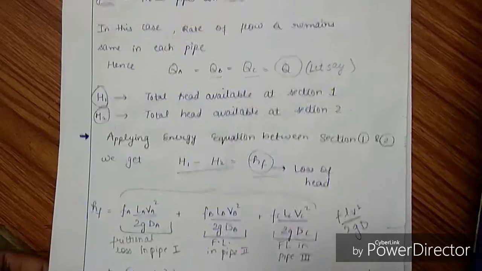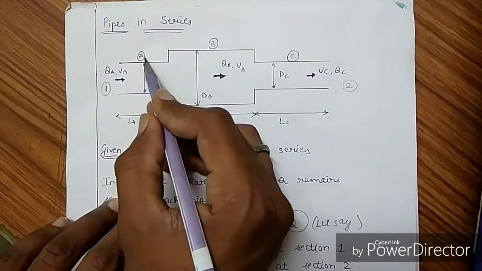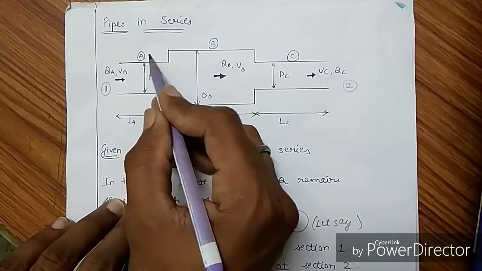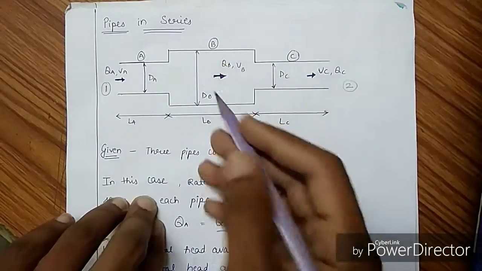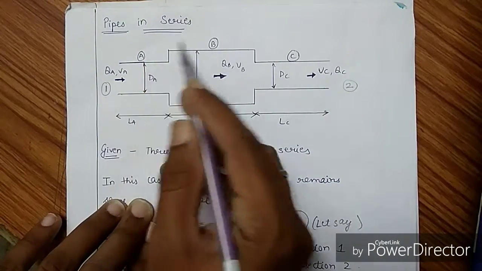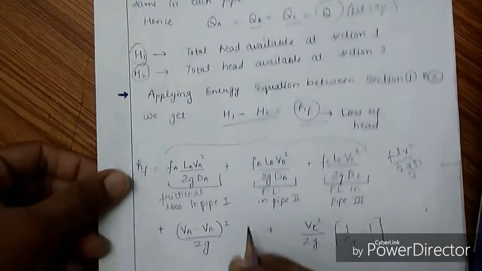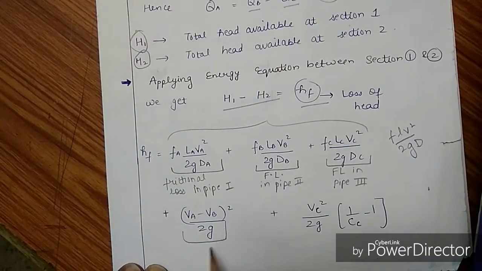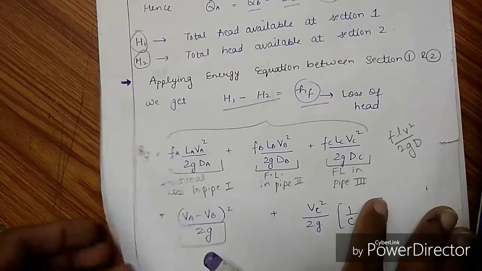So now coming on to the minor losses. Minor losses could be due to the change in cross section when the fluid is flowing from pipe A to pipe B, and also the change when the fluid is flowing from pipe B to C. When fluid is flowing from pipe A to B, there is an increase in cross section, so that loss would be counted by this term, (VA minus VB) whole square divided by 2g.